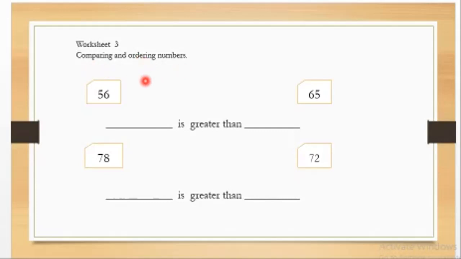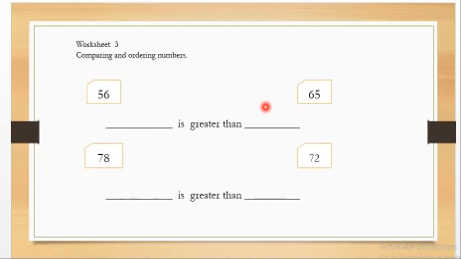Okay, the first example is 56 and 65. So you are going to compare these two numbers, 56 and 65. I'm sure all of my lovely students already know the answer.